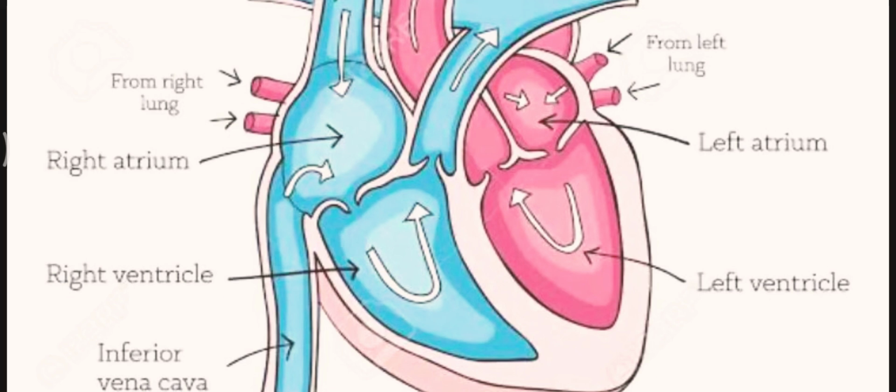Now, the two auricles, that is the right auricle and the left auricle, or the right atrium and the left atrium, are separated from each other by a septum called the interauricular septum. These two chambers do not have any connectivity, so that the oxygenated and deoxygenated blood remain separated.